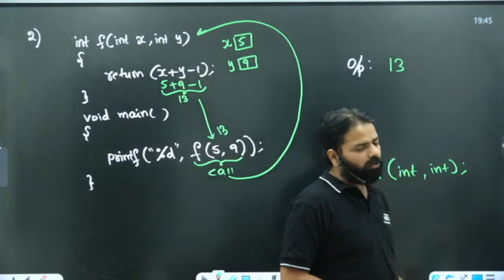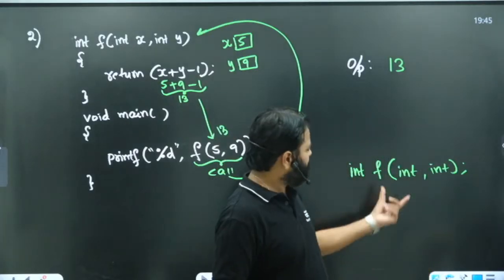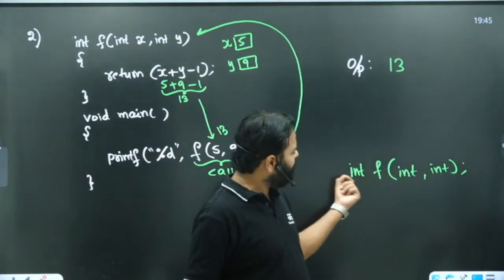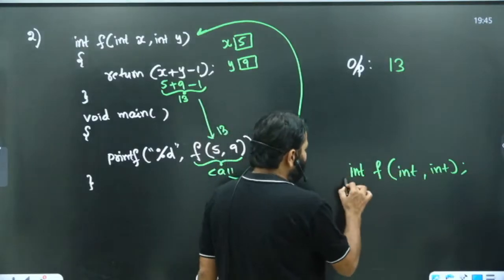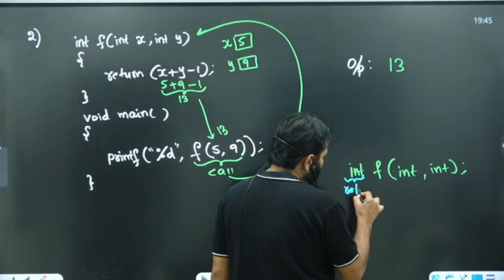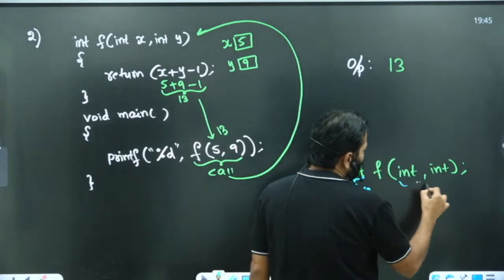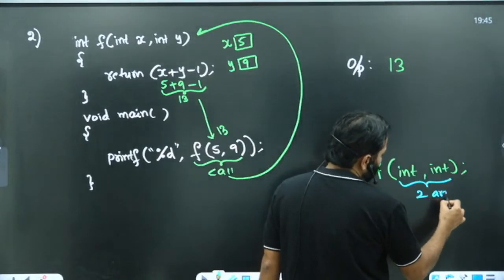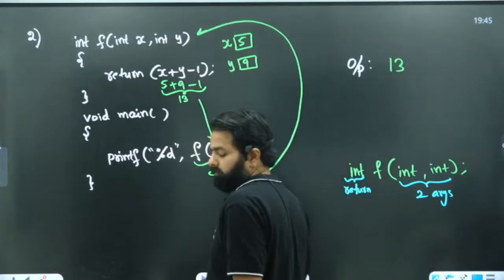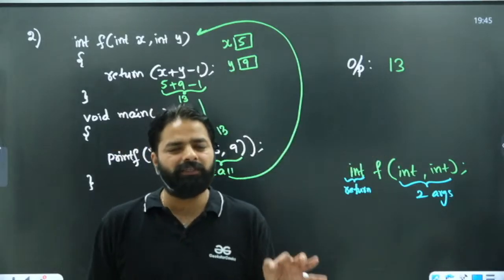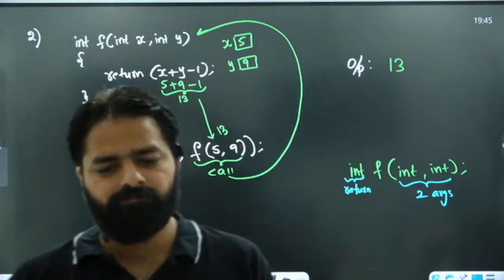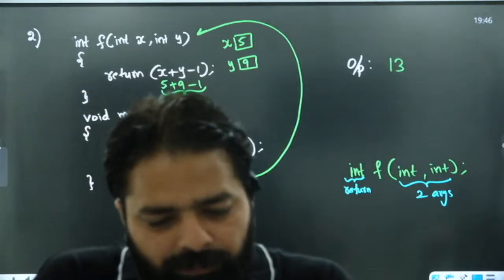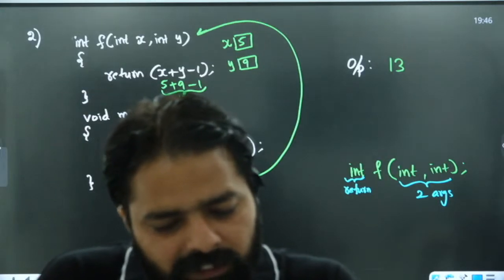And 2 arguments are also integer values. You are taking 2 integer arguments and returning 1 integer value. So you have a return type as an integer, and you have 2 arguments. Both are integer arguments. So function with arguments and with return value type. Which type? Function with arguments and with return type.